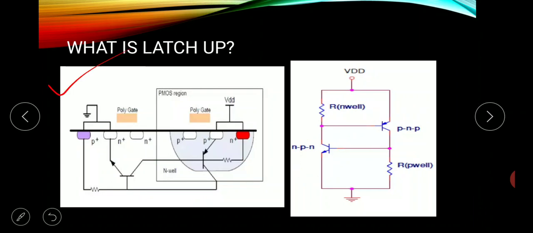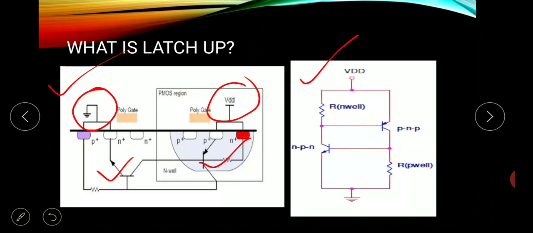Notice these two transistors, NPN and PNP, and their connection to VDD and ground supply. This one is VDD and this one is the ground. In a latch-up condition, the current flows from VDD to ground directly via the transistors, causing a dangerous short circuit condition. This is the equivalent circuit of the previous diagram.